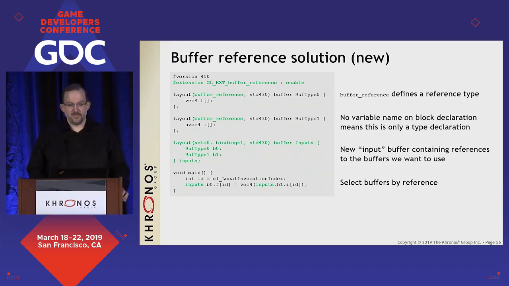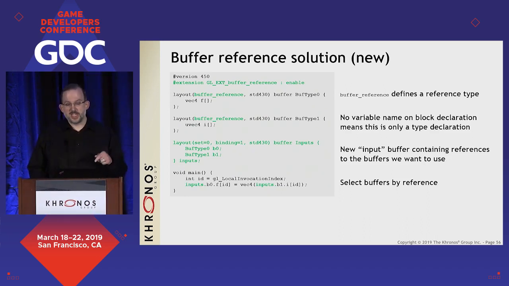So in this example, when you add the buffer reference layout qualifier to a block declaration, it basically changes it so it's declaring a reference type. And you also notice that the variable names B0 and B1 are no longer on the block declarations. So these are just defining reference types, buff type 0 and buff type 1.